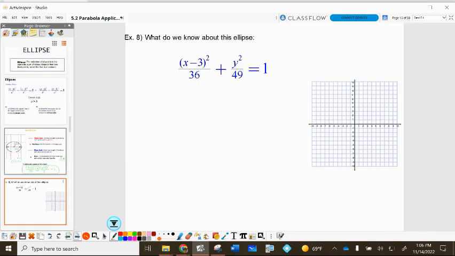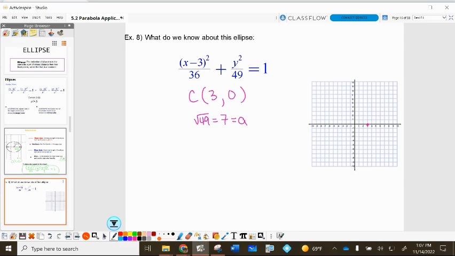Okay, so what do we know about this ellipse? Well, I know the center is at 3, 0, just pulling the x coordinate from the x term and the y coordinate from the y term. So that's going to be at 3, 0. I know that the bigger number, 49, has a square root of 7, and that's going to be my a value, and it's in the y direction.